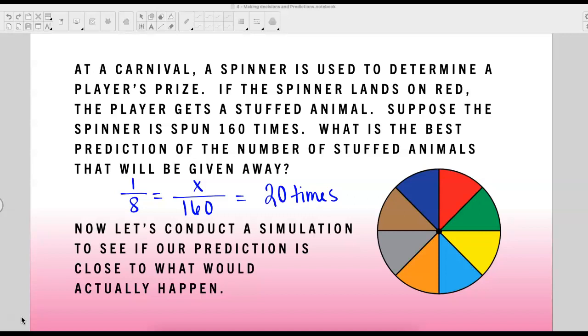I got heads, tails, twice and tails, heads.